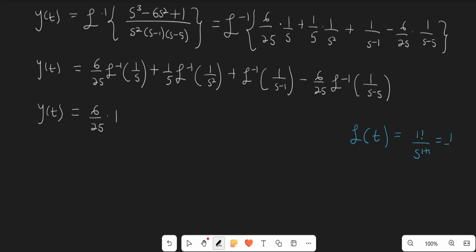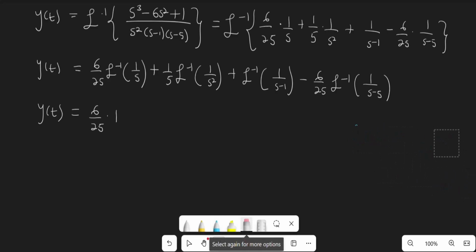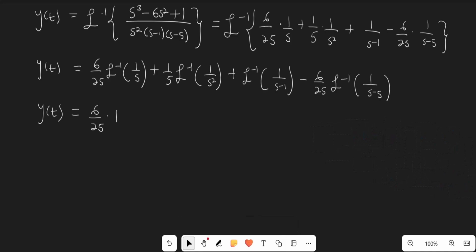So this is the same thing as 1 over s squared. That means the Laplace inverse of 1 over s squared is going to return t. So now we just have to know all these ones before we can apply the Laplace inverse. So this one is plus 1 over 5, and the Laplace inverse of this one is going to be t.